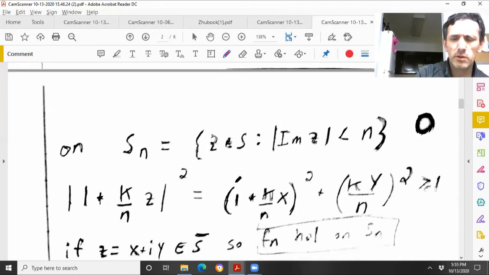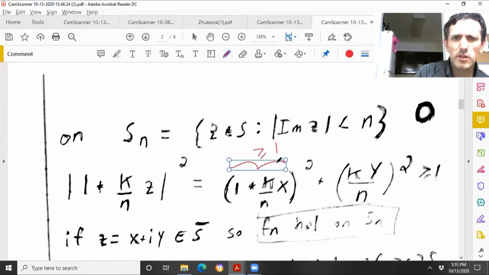So in particular, this whole thing here is bigger or equal to 1. And so the modulus of the whole thing is bigger or equal to 1. So this denominator is far away from 0, so Fn is holomorphic on Sn. Okay, not a terribly subtle conclusion here, but we need to know that to use the maximum modulus principle.